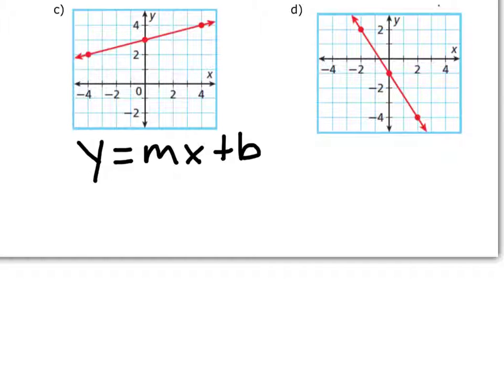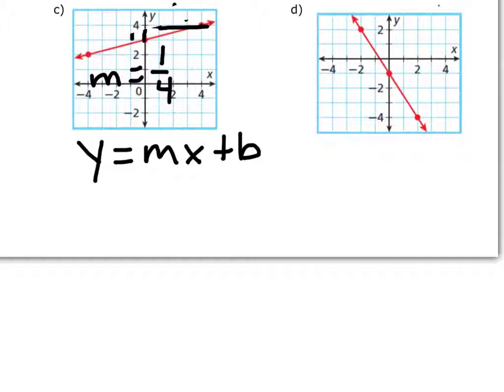So right here I'm going to pick this point and this point, and find the slope between those 2 points. I went up 1, so the rise is 1, and now I'm going to run 1, 2, 3, 4. My run was right 4, so it's a positive 4. So the slope of this line is m equals 1/4.